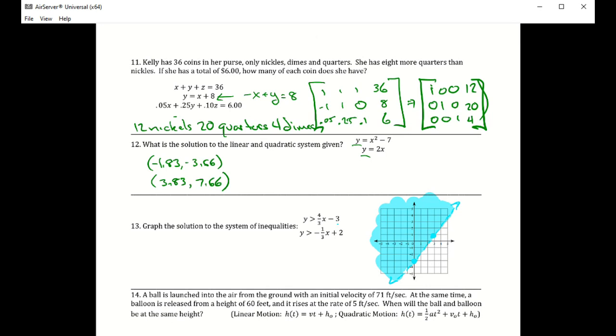And then our second one, we have an intercept at 2. And then we have a slope of negative 1/3. So we're going over 3 down 1. And then we can go back 3 up 2. Again, dashed lines. And you're just going to have to be able to pick which graph looks right.